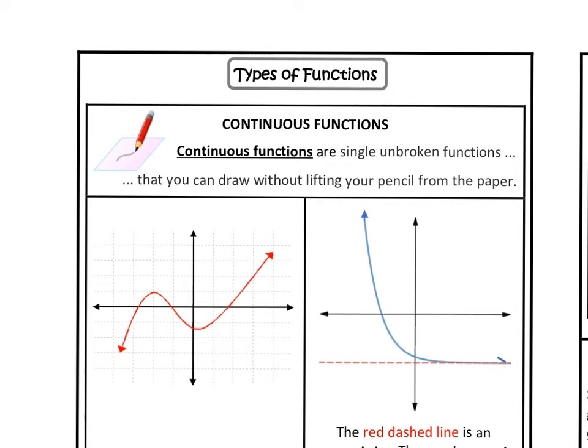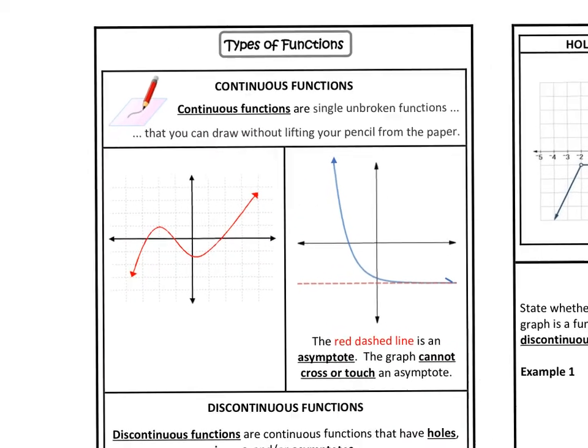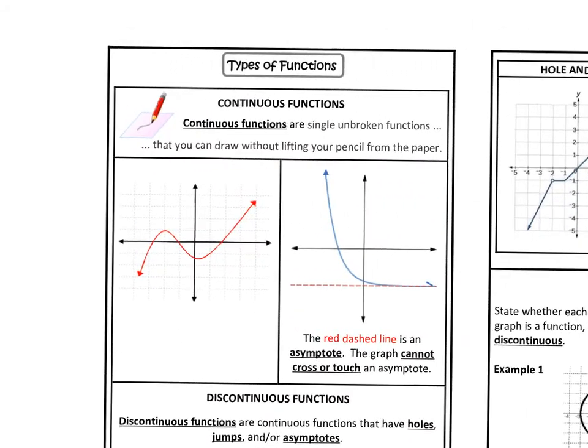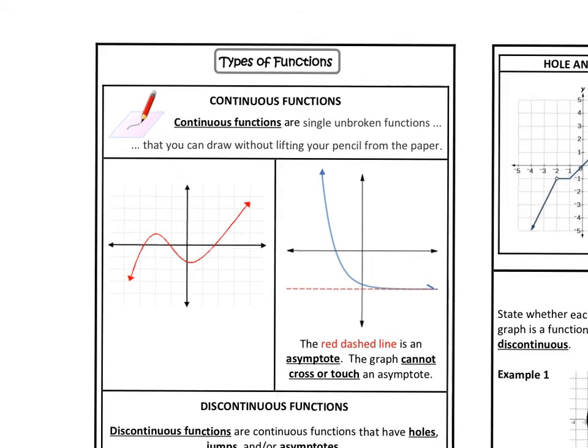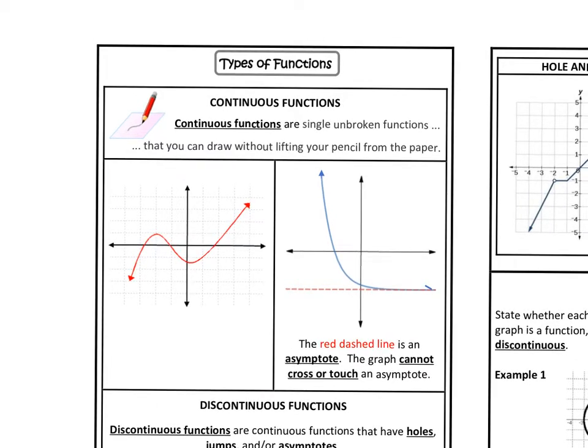What about this graph? Wait, which one is the graph here? Is it the red dot, the red dash line, or the blue one? Well, let's see. What does it tell us about it? Let me zoom out a little bit. Okay, it says that the red dash line is an asymptote.